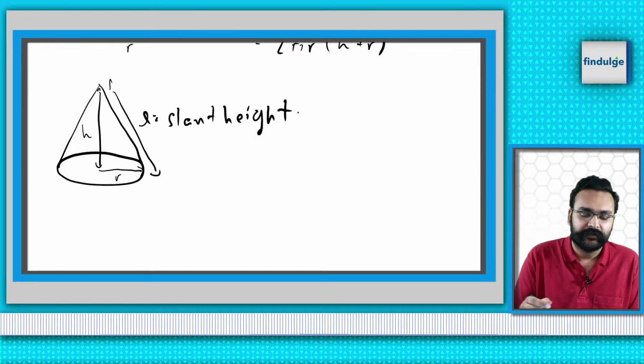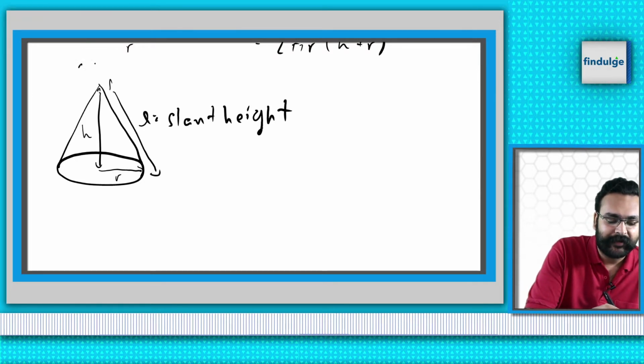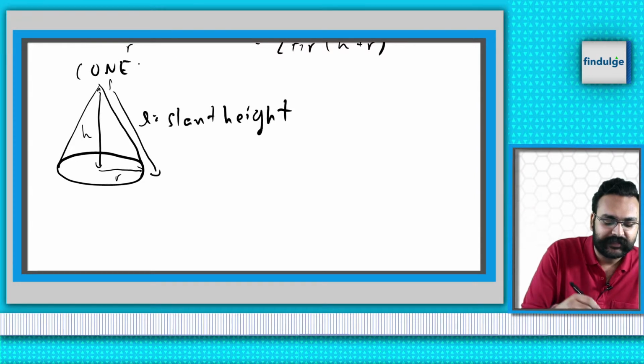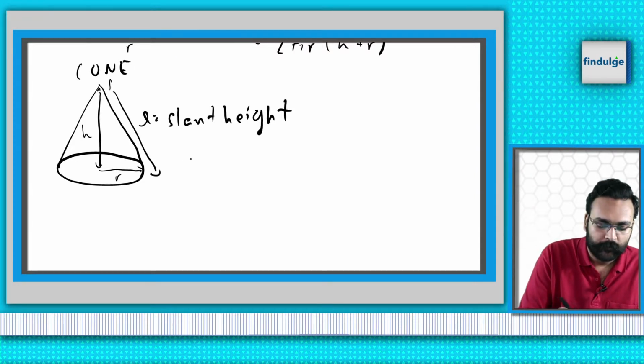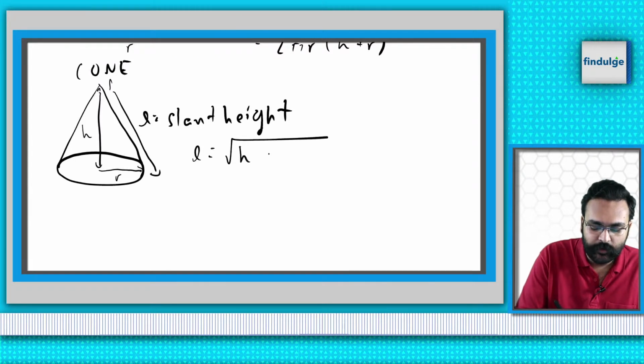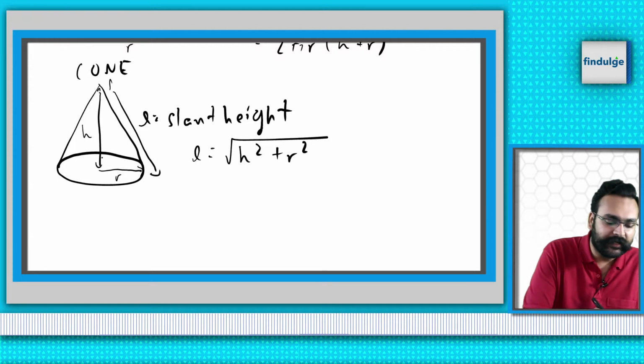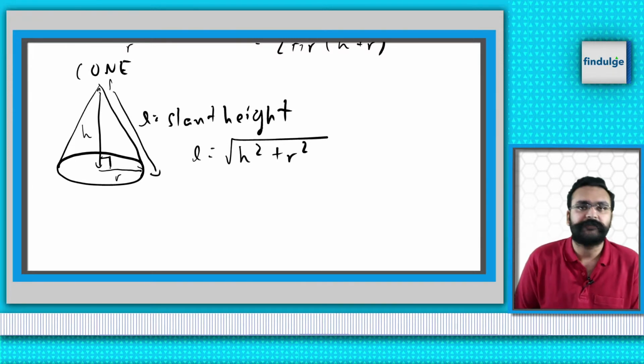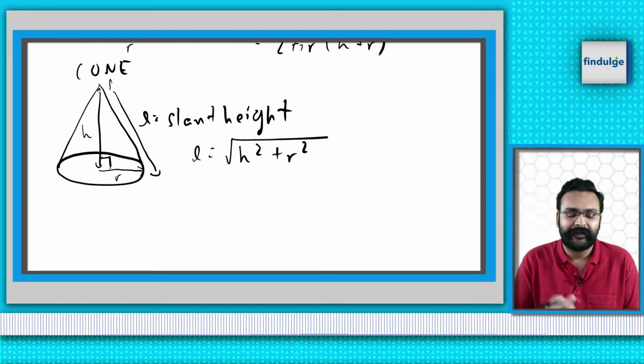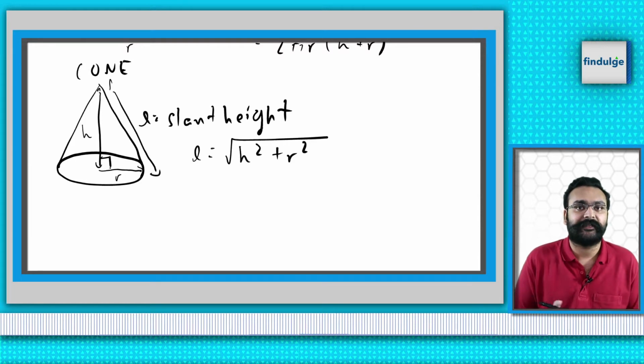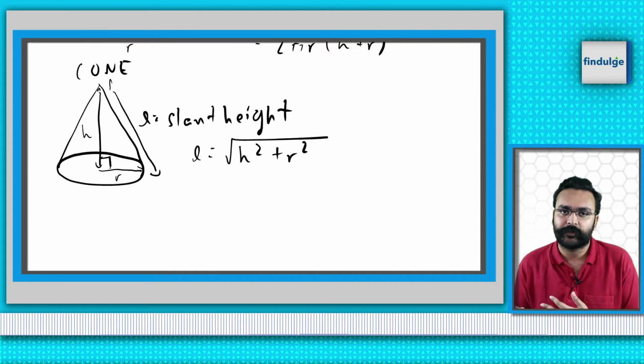Now first we can see that the slant height L will be equal to under root h square plus r square, because clearly h is perpendicular to r and therefore this is nothing but a right angle triangle. So L is root h square plus r square.